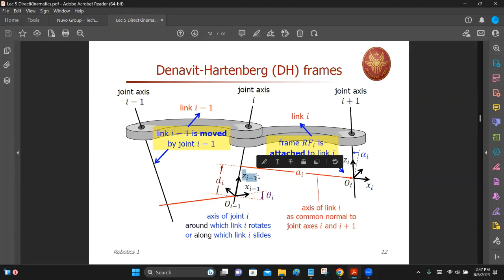So that is the mathematical description for theta I. Telling again, theta I is the angle from x i minus 1 to x i around z i minus 1. Similarly, can you write down the mathematical description for d, a, and alpha? Give it a try. We're going to take a break now, about 10 minutes. And after 10 minutes, with your answers, we'll meet up again. By the way, any questions?